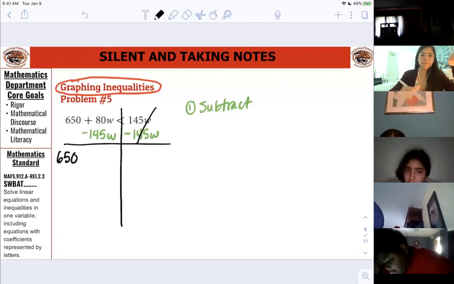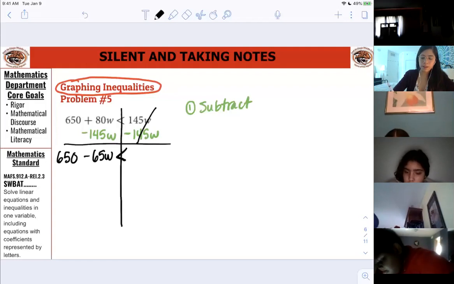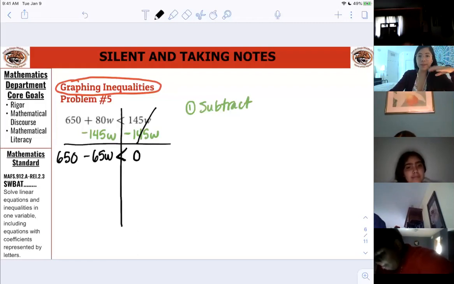Negative 65. Good, negative 65W. My symbol stays the same because I haven't multiplied or divided. And then I had 145W, I took it away, so I am left with nothing on the right side, so I have a 0.